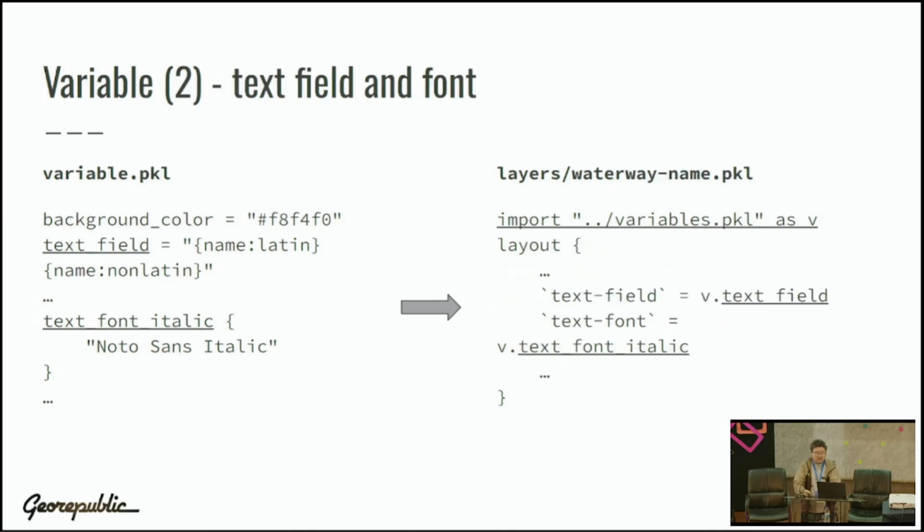The next variables are text field and font. You can use a variable as the font and the text field. The great point is that a variable can define an array or something, so it is easy to change your font if you're using the Pickle language.